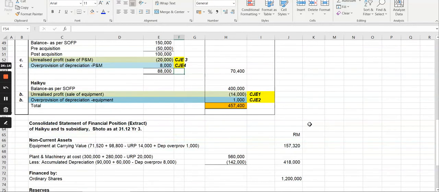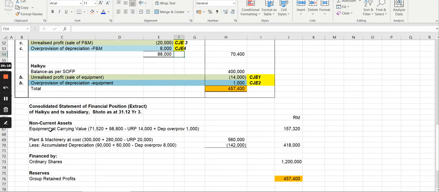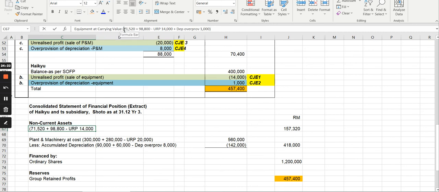And then after you have done that, that will have impact here in the preparation of the consolidated financial statement. What you will do is first you are going to just take the items, which is the asset of the parent combined with the asset of the subsidiary, the equipment.